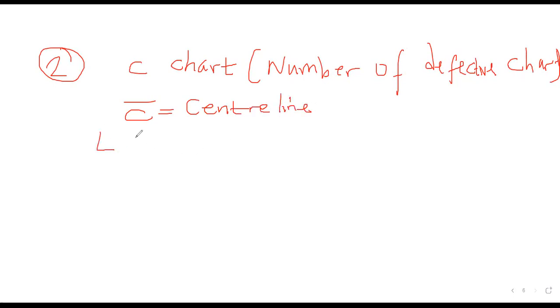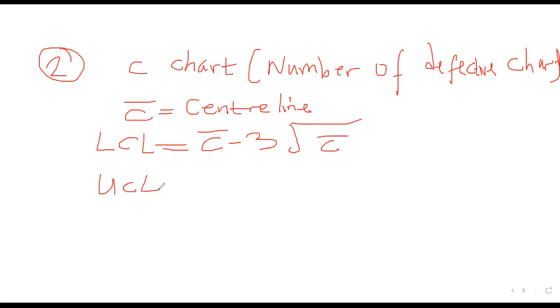The lower control limit is equal to C bar minus 3 the square root of C bar. Then the upper control limit is equal to C bar plus 3 the square root of C bar.